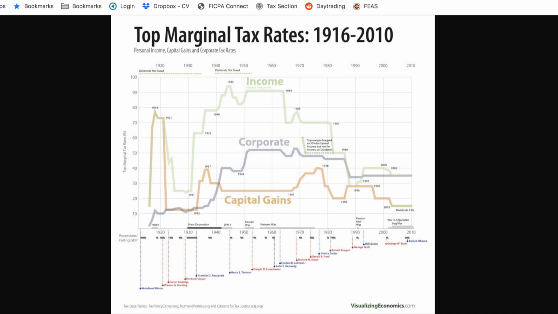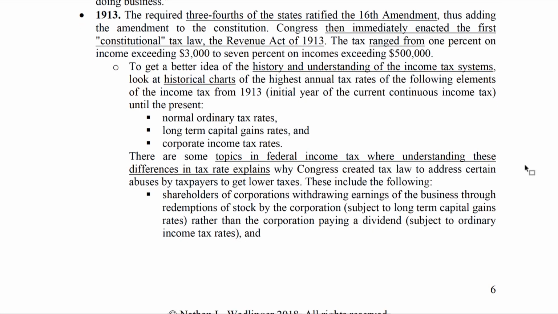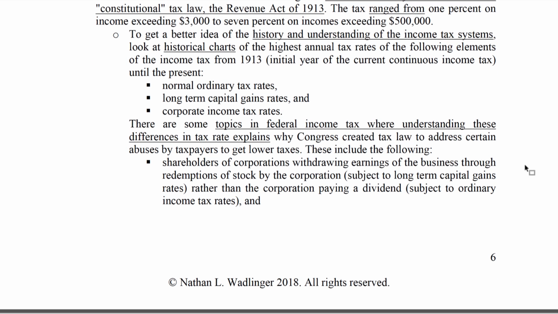So let's go back to our notes, our materials, and talk about some examples in the tax law where you can see this issue, or you see the rules, how Congress has basically stopped these abuses because of taxpayers playing games. One example deals with shareholders of corporations withdrawing earnings of the business through redemptions of stock by the corporation.